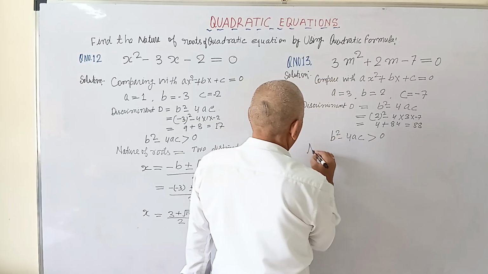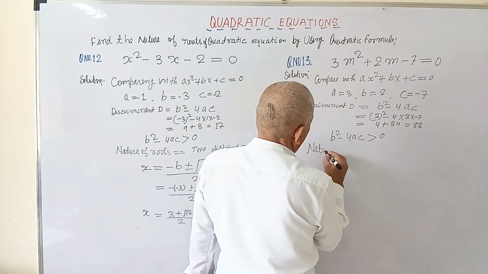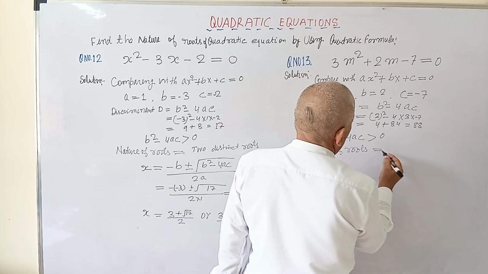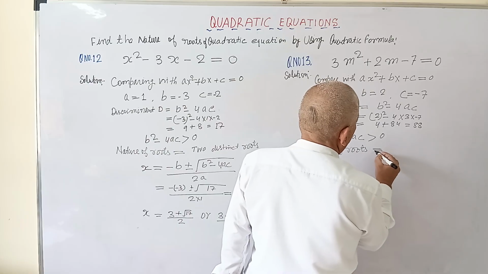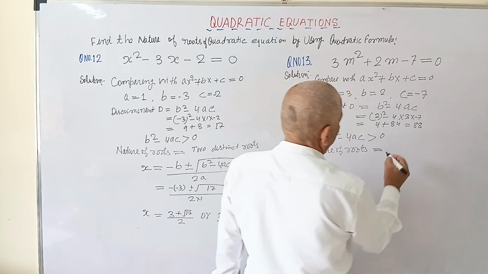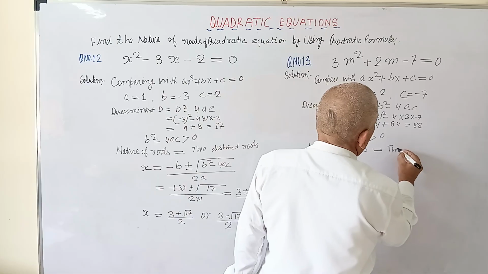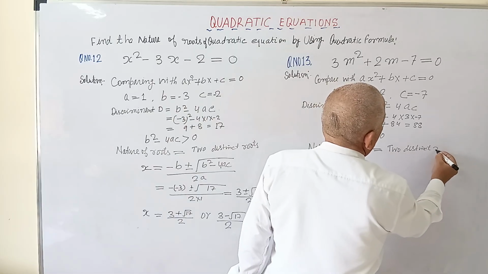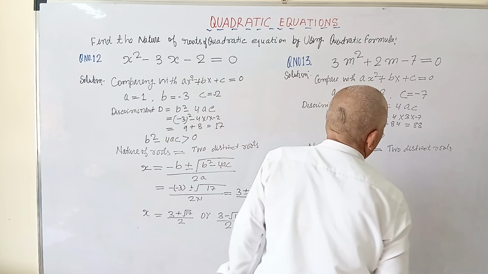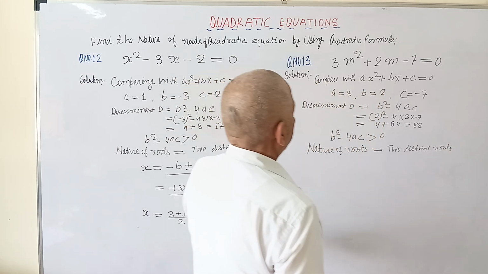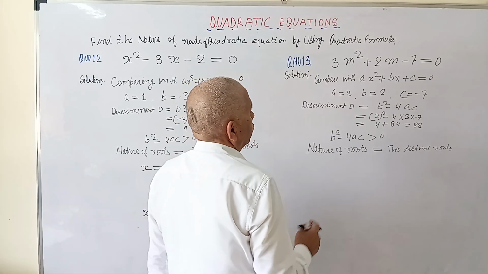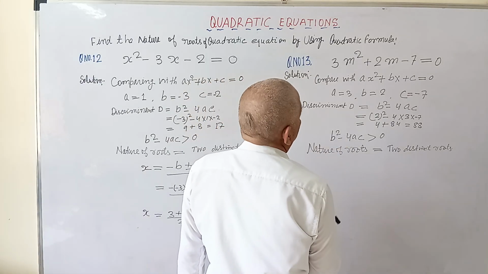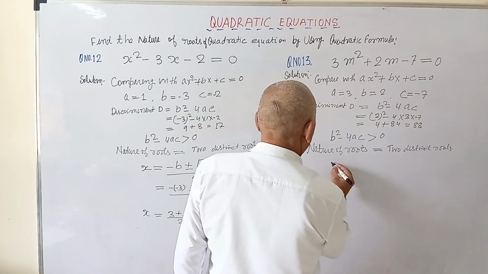Therefore, nature of roots equals two distinct roots. Now, to know the value of the roots, we have to use the quadratic formula.